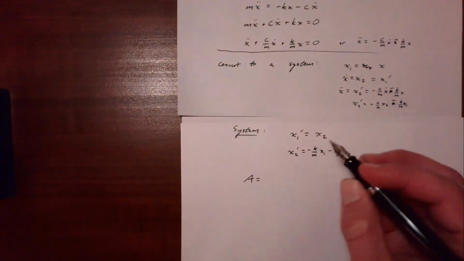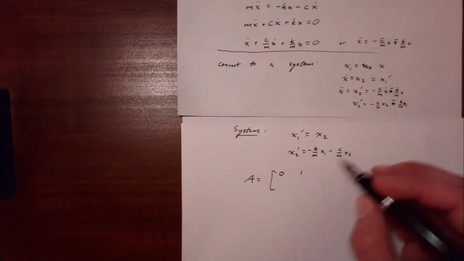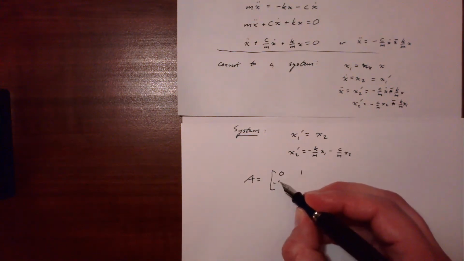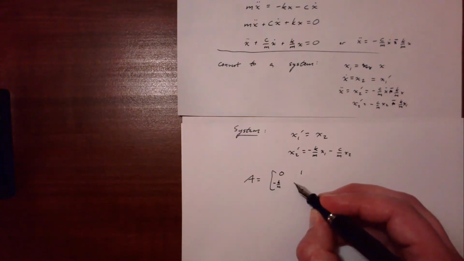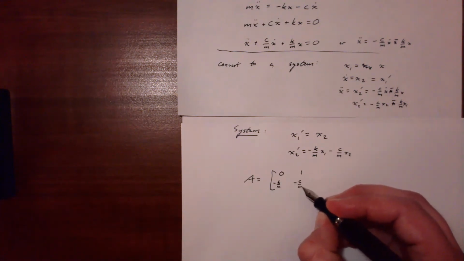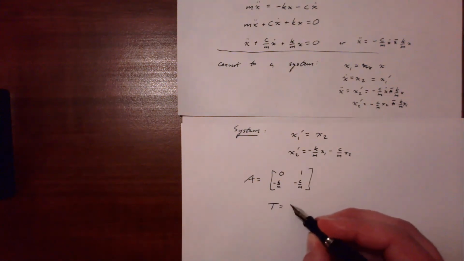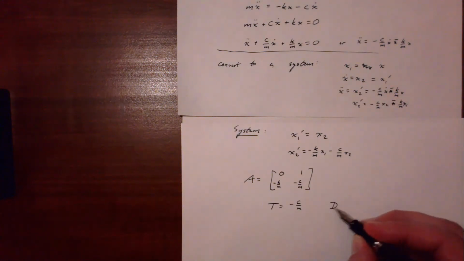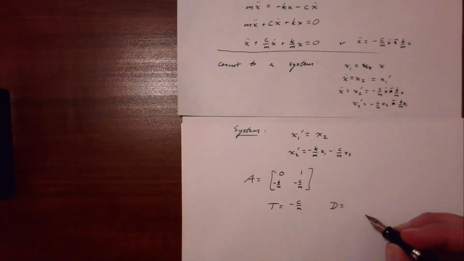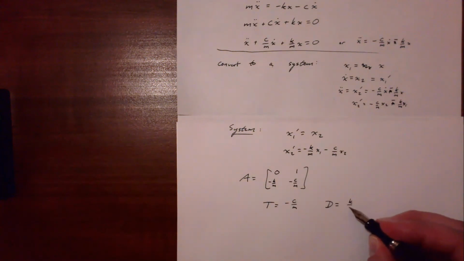And so then the matrix A that represents this system would be 0, 1, negative k over m, and then negative c over m, which means that T is equal to negative c over m, and D is equal to the determinant, which is going to be just k over m.